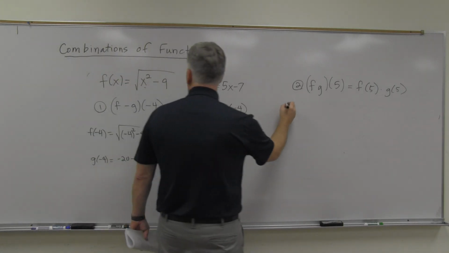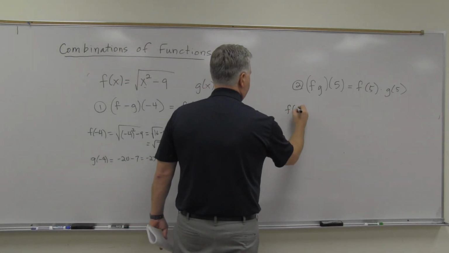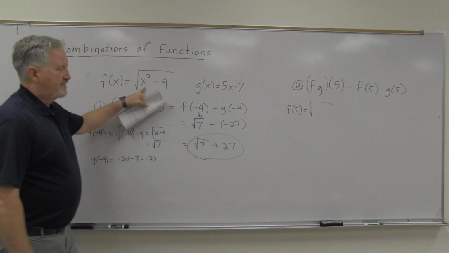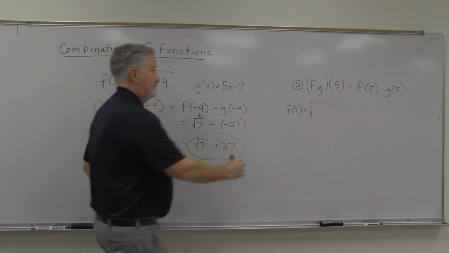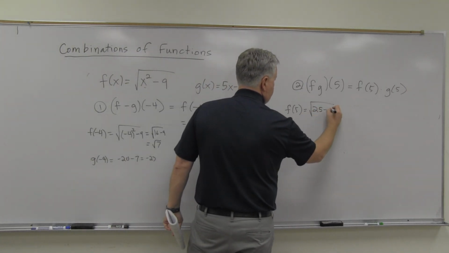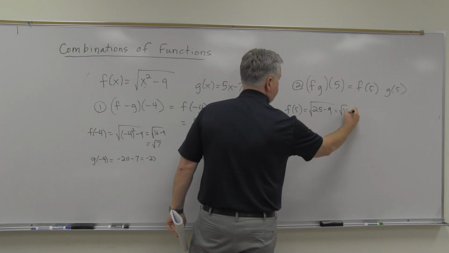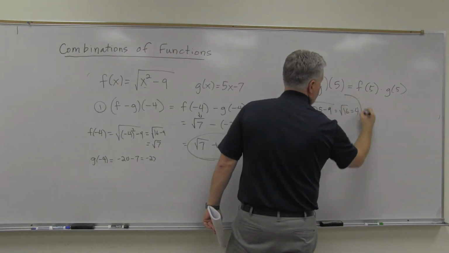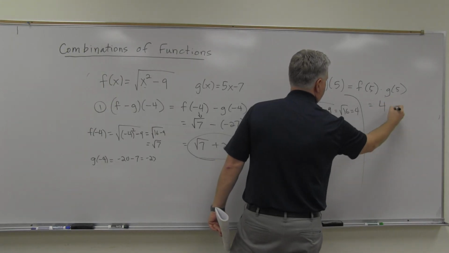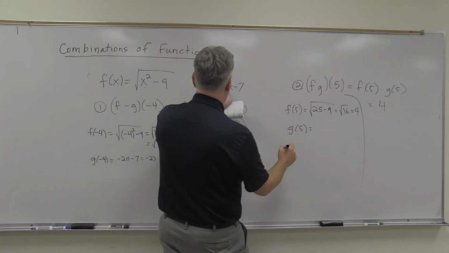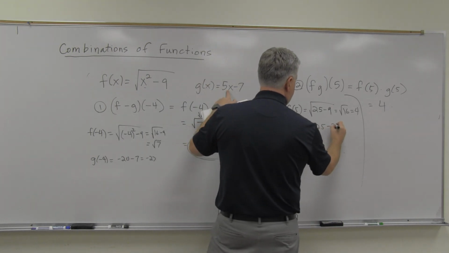And so f of 5, we plug in 5 there. 25 minus 9, square rooted, which is the square root of 16, 4. So f of 5 is 4. And then g of 5, again, it's 25 minus 7, so that's 18.